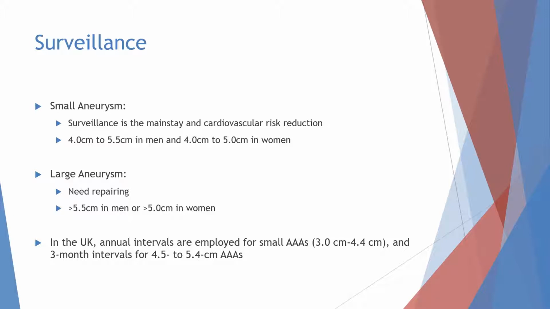If your aneurysm is greater than 3 centimeters but less than 4 centimeters, then you will go on 6-month follow-up. However, if your aneurysm is greater than 4.5 centimeters, then you will initially be invited back for a 3-month follow-up scan, subsequently then a 6-month follow-up scan. This is essentially to gauge how quickly the aneurysm is dilating, particularly if it's high risk, or just to monitor on an ongoing basis.